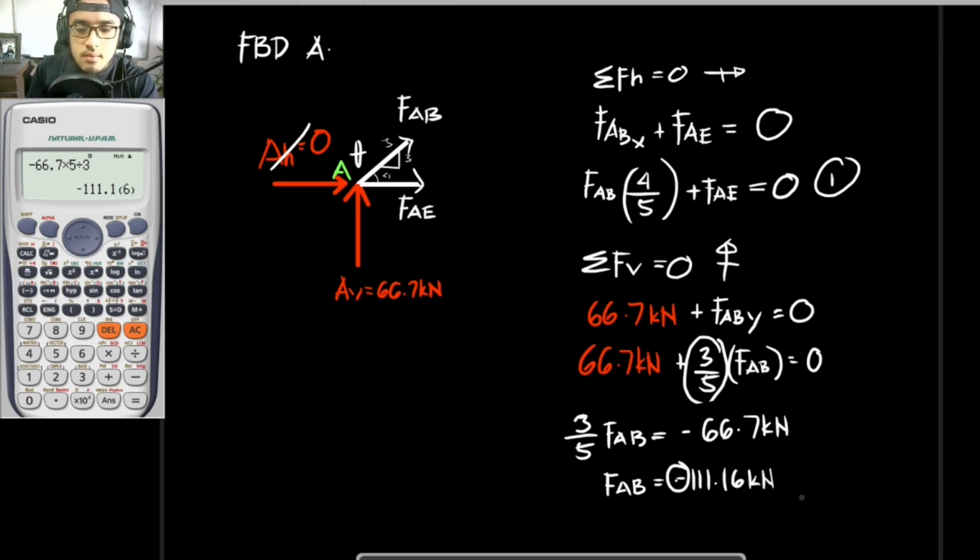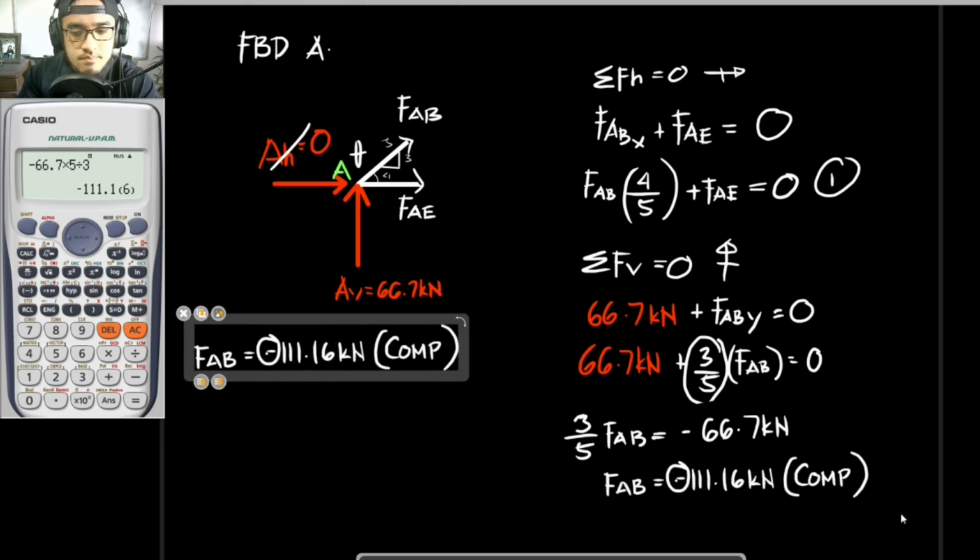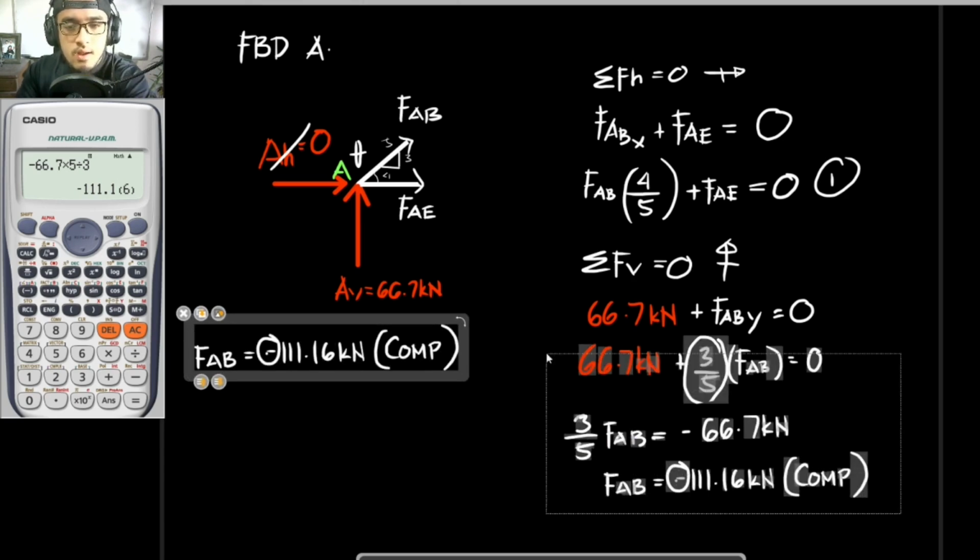This negative symbol implies that our bar force is in compression. I would be copying this here since we don't have space, and I would be deleting this already.